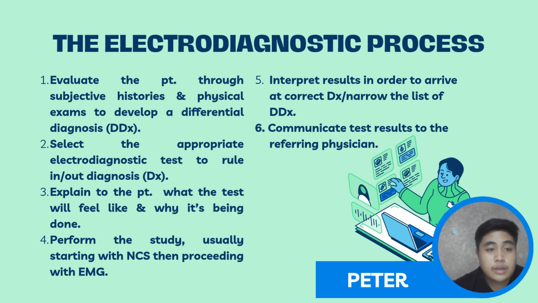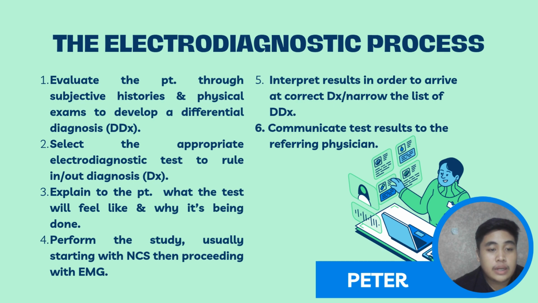The electrodiagnostic process. First is to evaluate the patient through subjective history and physical exam to develop a differential diagnosis. Then select the appropriate electrodiagnostic test to rule in or out the diagnosis. Then explain to the patient what the test will feel like and why it's being done.